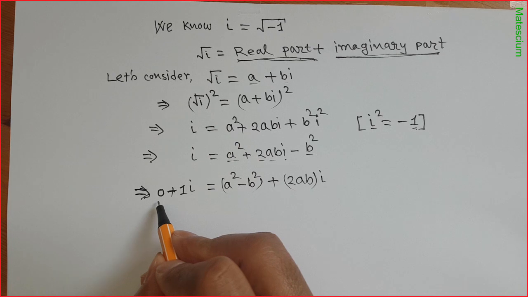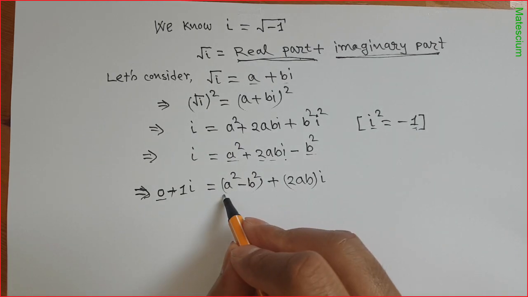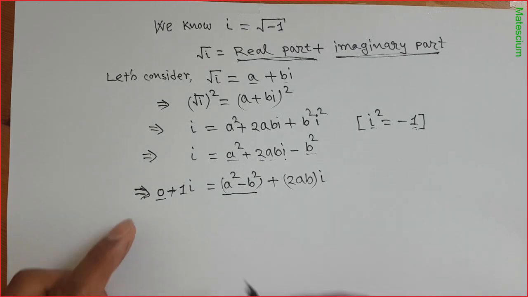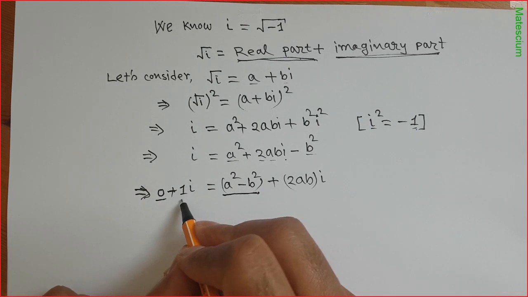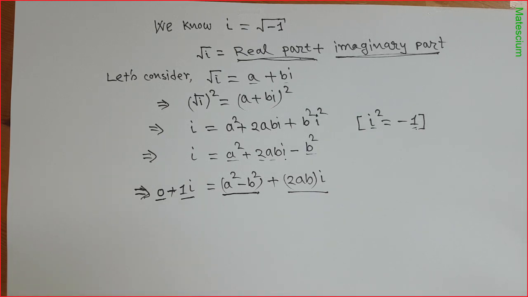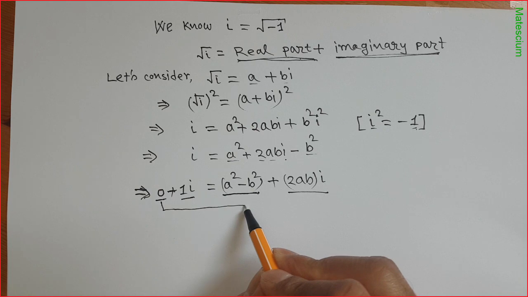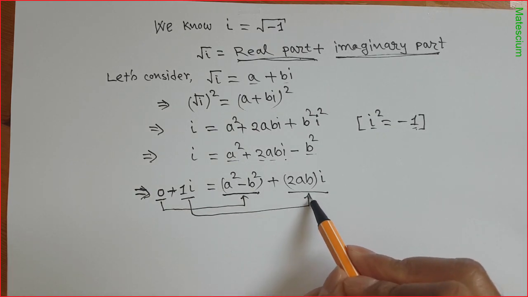Look at here, on left hand side this 0 is only the real part, and on right hand side this a square minus b square is the real part. That means this and that, they are real part, and on left hand side this is imaginary part and on right hand side that is imaginary part. So we can separate this this way. This part is equal to that and this imaginary part is equal to that.